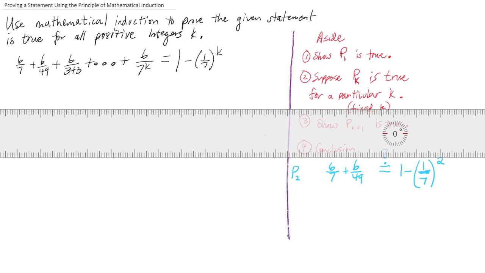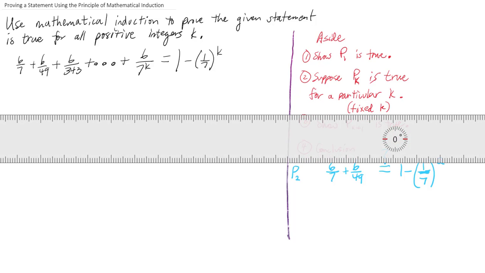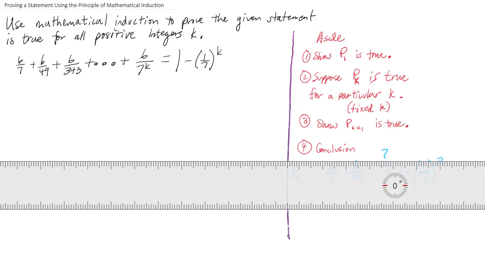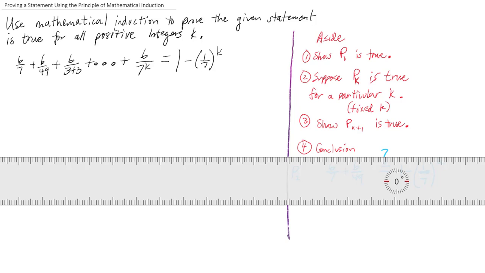Then you want to suppose that the kth proposition is true for a particular k, or you can even envision it as a fixed k. And then you want to show the very next step is true. In other words, the kth plus 1 proposition is true. That way it causes a domino effect, and then we could actually conclude that it is true for all positive integers k.